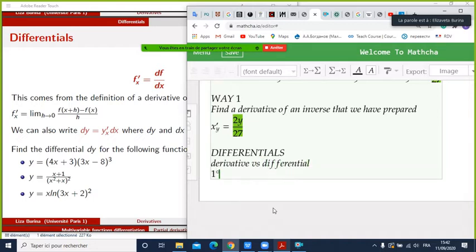So first, the derivative of y of x is what?